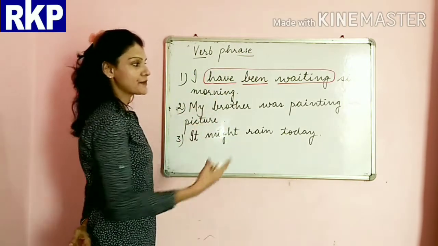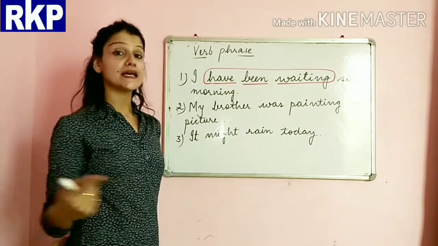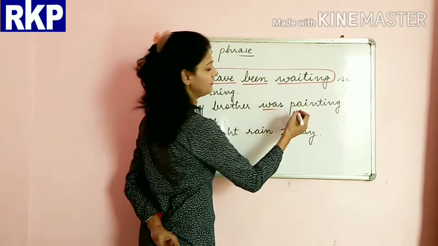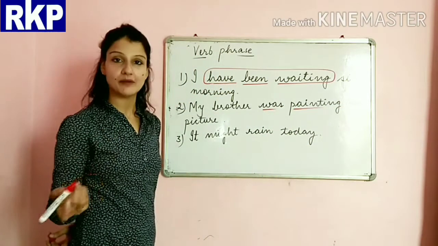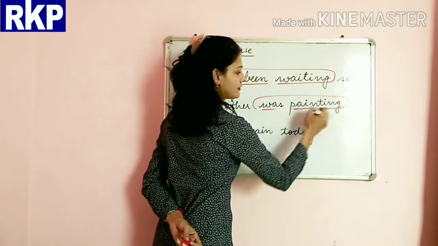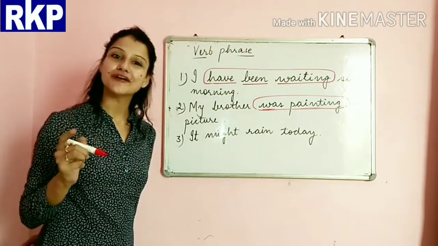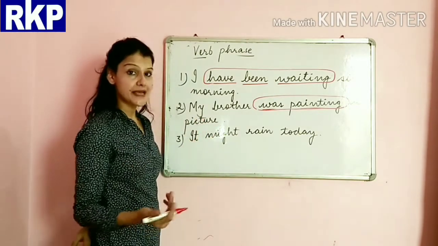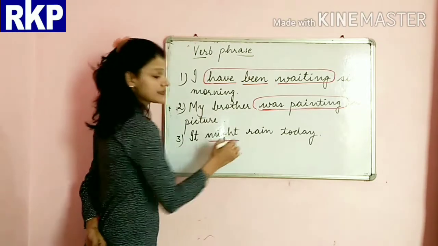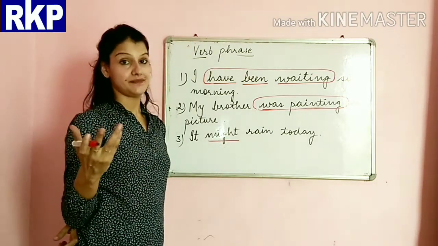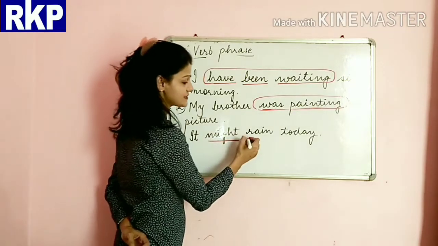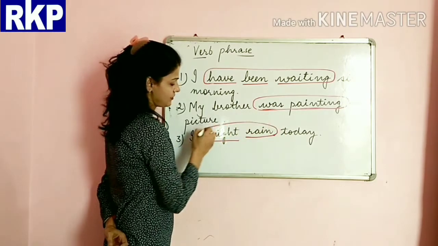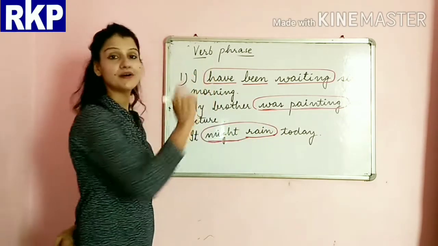Next is, my brother was painting a picture. Was is our helping verb and painting the main verb, so together they make a verb phrase. Next is, it might rain today. Might is a modal auxiliary verb and rain is the main verb. Together they work as the verb phrase.